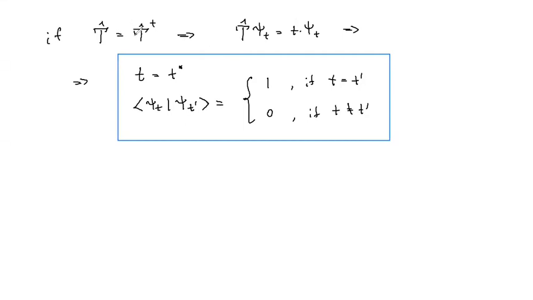So in quantum mechanics, we can postulate that if you have a physical quantity, you can put in correspondence an operator, which is a Hermitian operator.